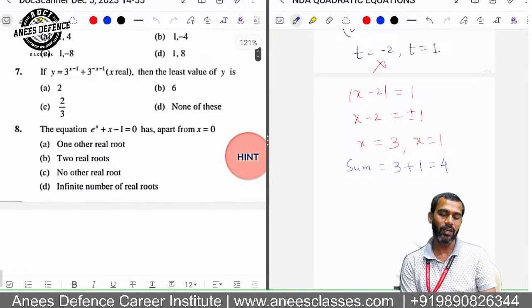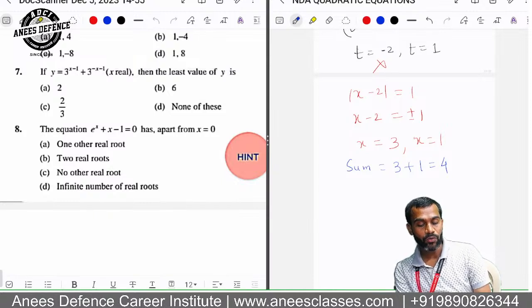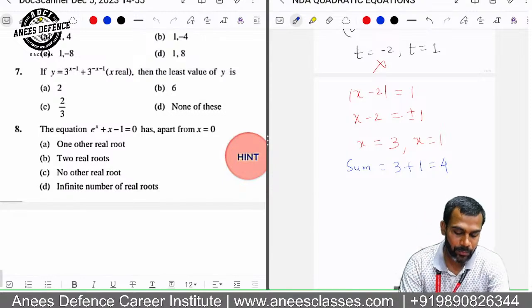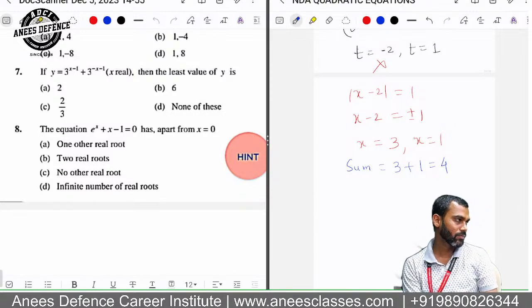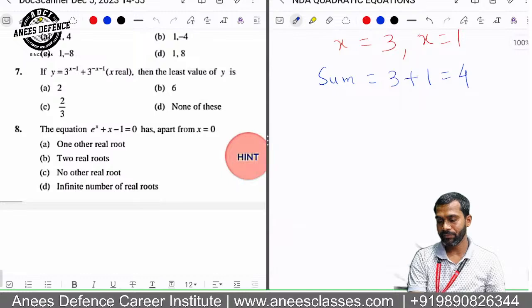Tell me, what we have to do. Basically in this question, we have to find out the range of the function, the minimum value of y. So what we have to do, put 3 raised to x is equal to t.